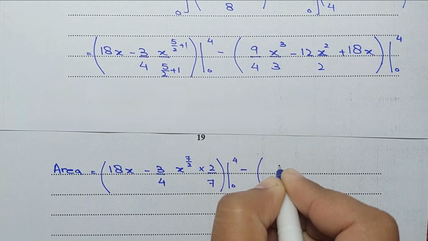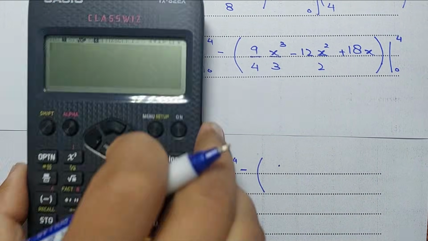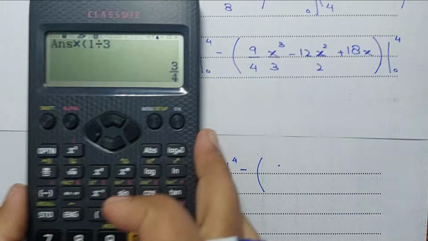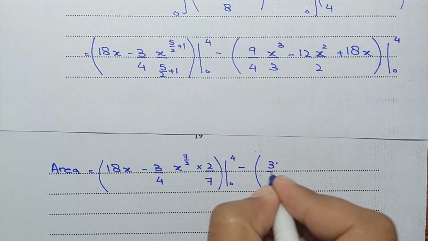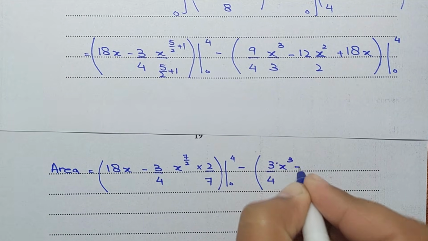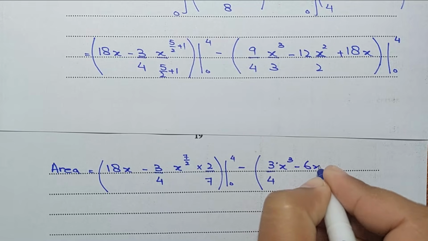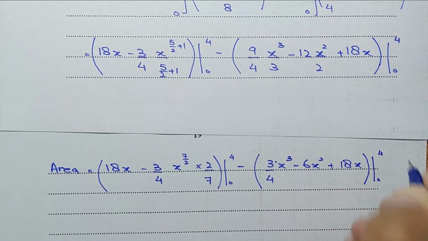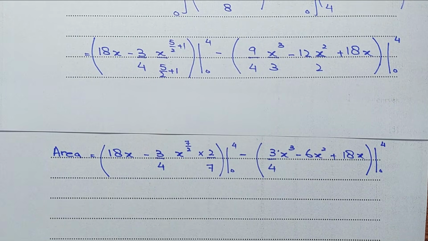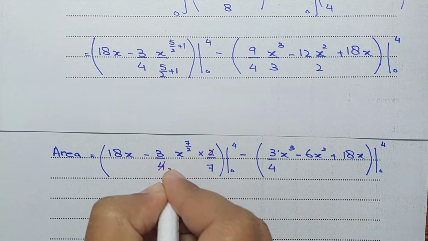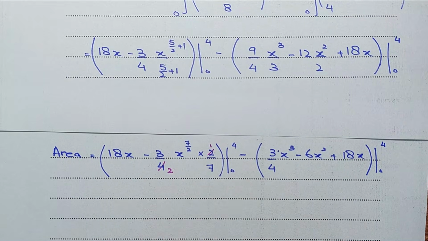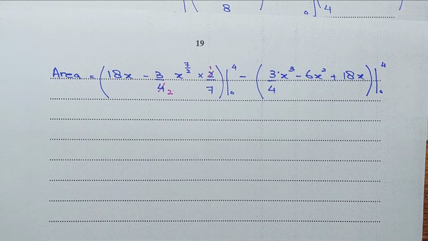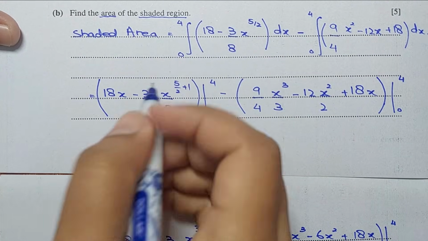Minus, we have 9 over 4 divided by 3, which is 9 over 4 times 1 over 3, which is 3 over 4, x cubed, minus 12 over 2, which is 6x squared, plus 18x, from 0 to 4. One more step for simplification. 2 times 1 is 2, 2 times 2 is 4, so we have 3 over 8 times 2 times 7, which is 14. Wait a second, this is 3 over 8.